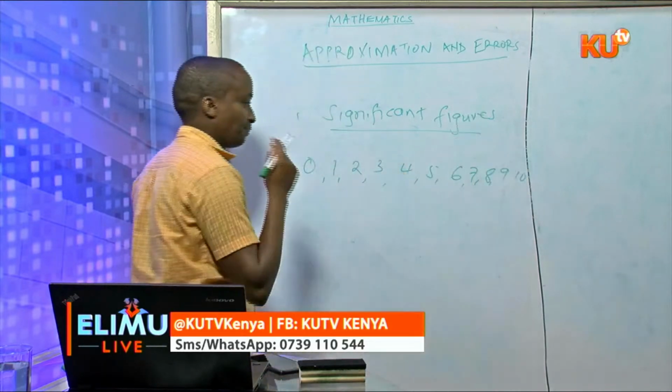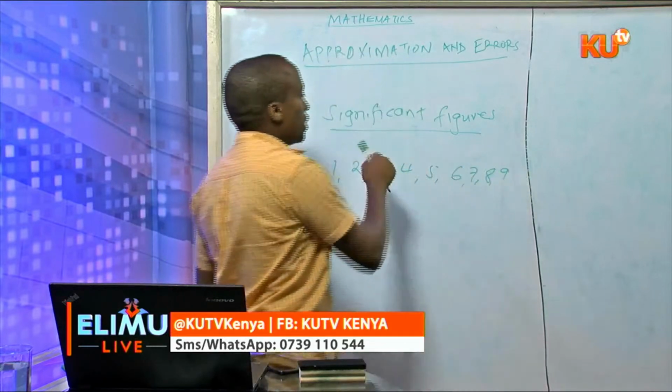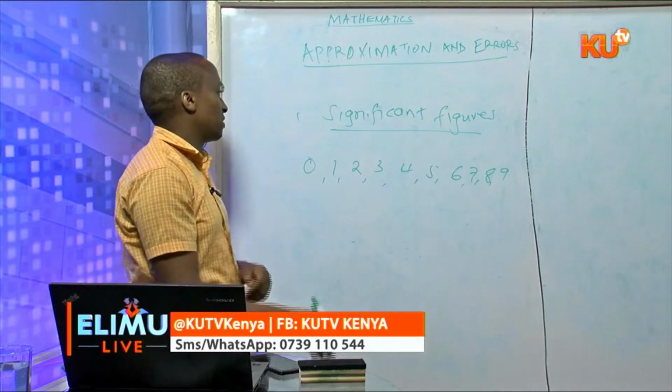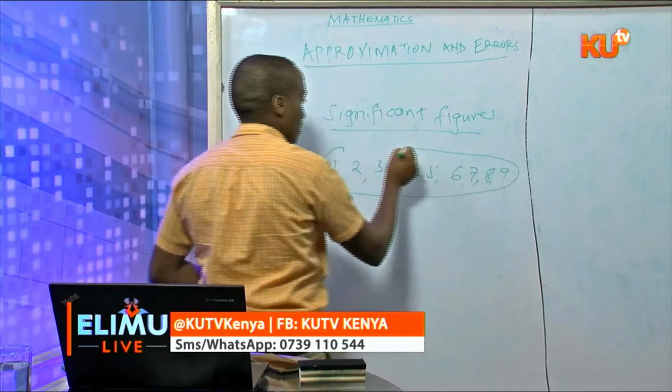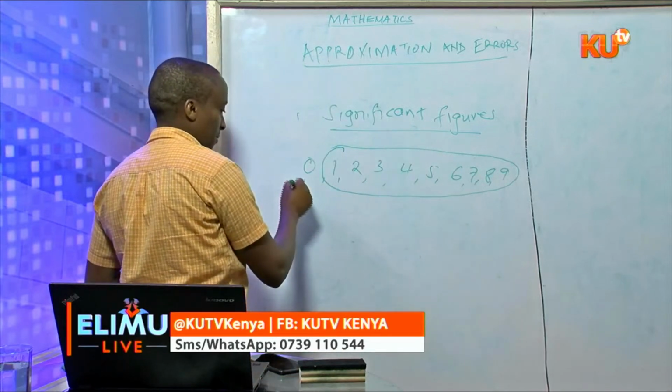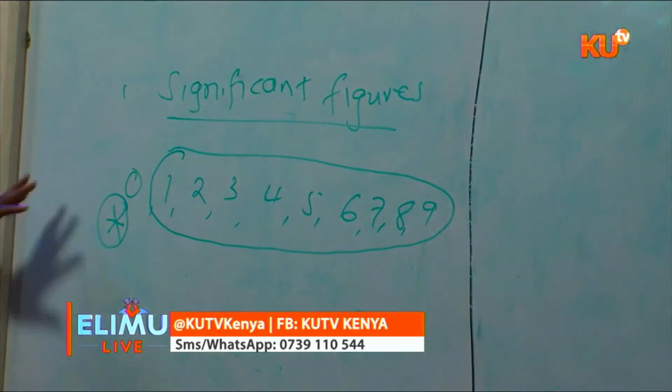All these numbers up to 9 are significant figures, and for these they are automatically significant. But for 0, we have some cases where it is significant and some cases where it is not.